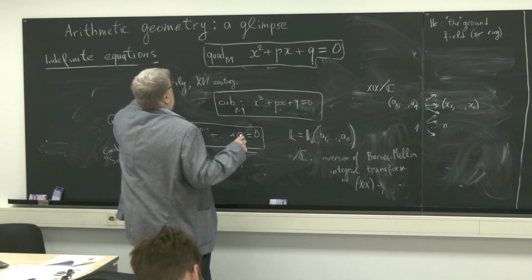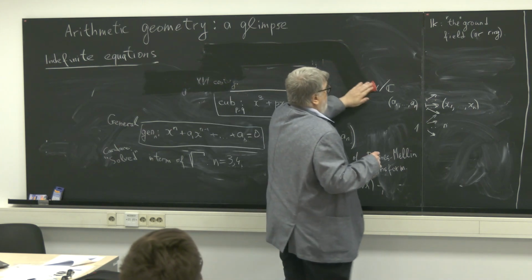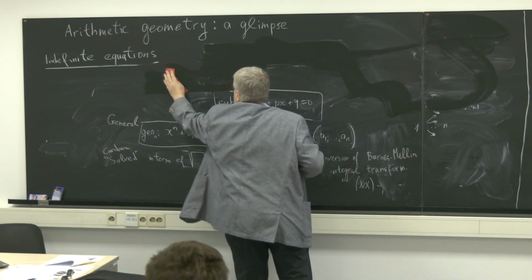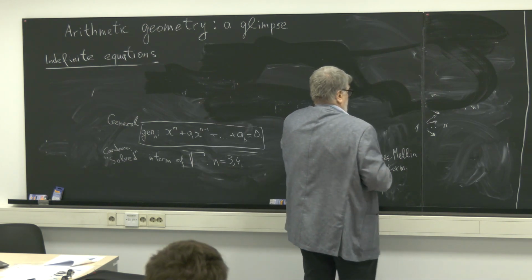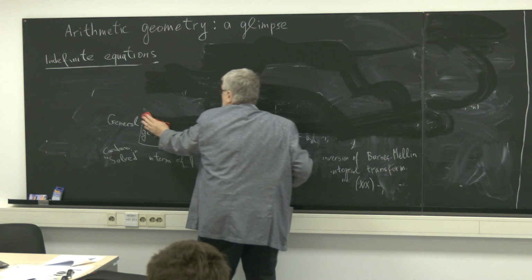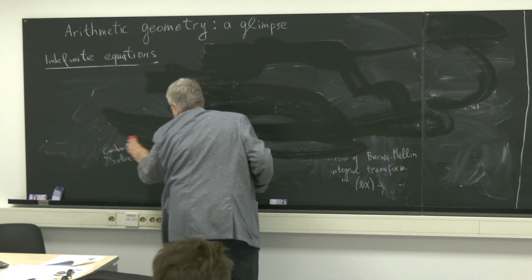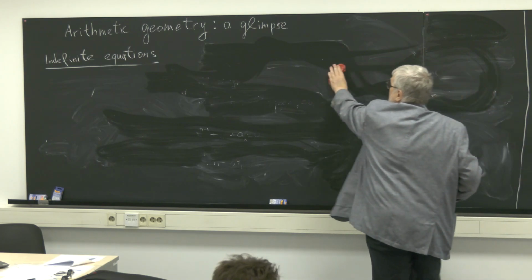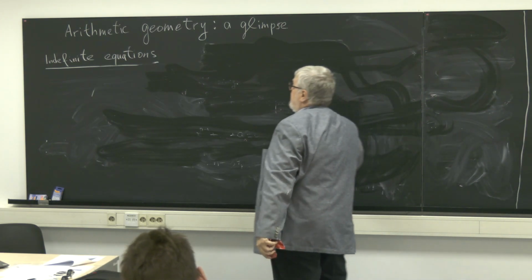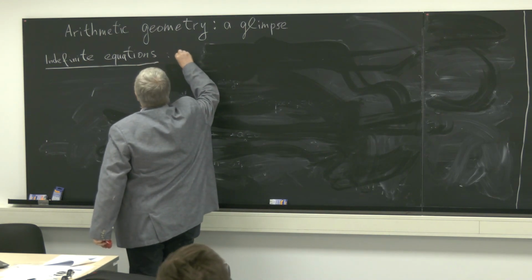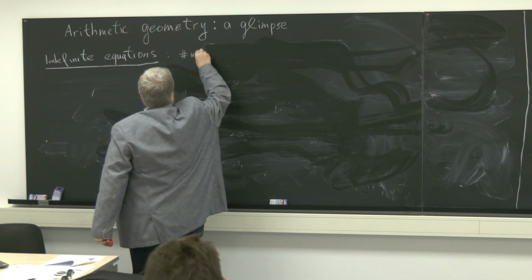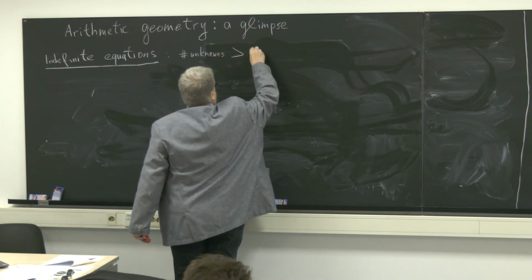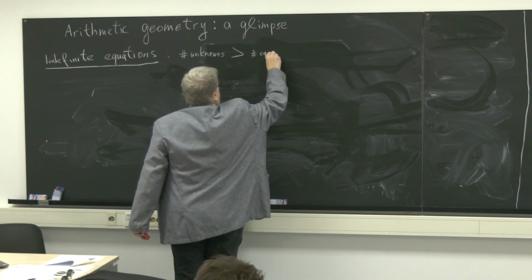Now, sorry, there is something controversial on the blackboard, because our title is Indefinite Equations, but what we have discussed up to now did not belong to the theory of indefinite equations, and well, the classical notion of it was that the number of unknowns exceeds strictly the number of equations.